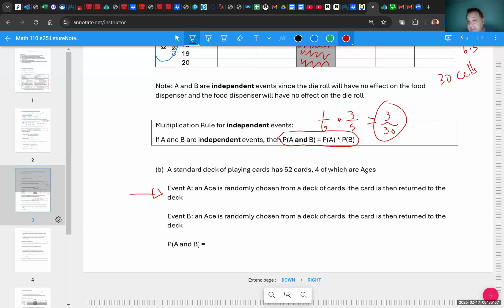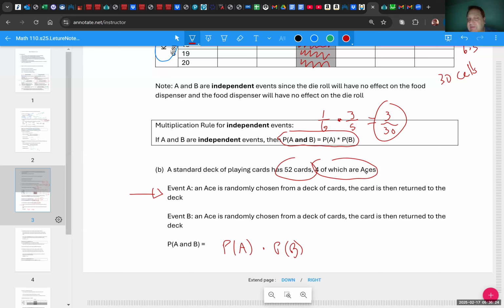So they're independent events. So we know the probability of A and B occurring is just the multiplication of the probability of A and the probability of B. But what is the probability of A? Well, we know that there are 4 things that match this description of event A, right? There are 4 aces, and we know there are 52 possible outcomes.